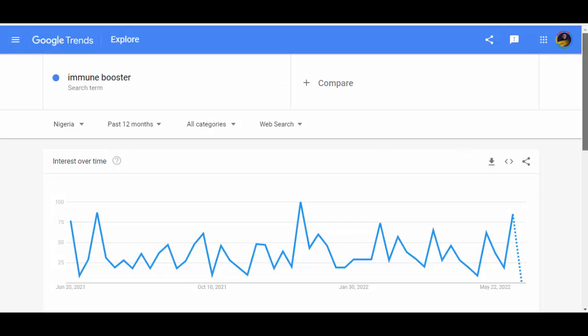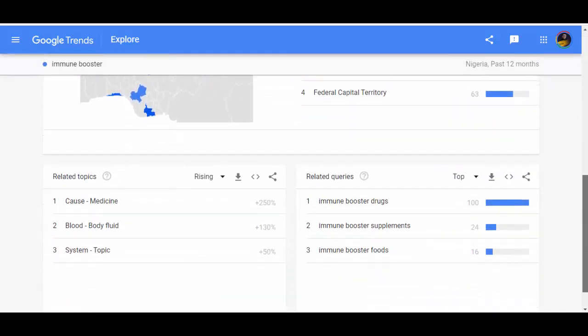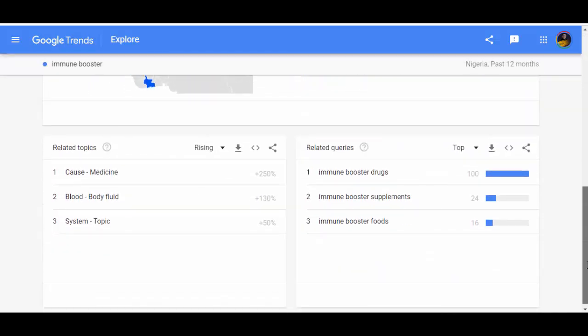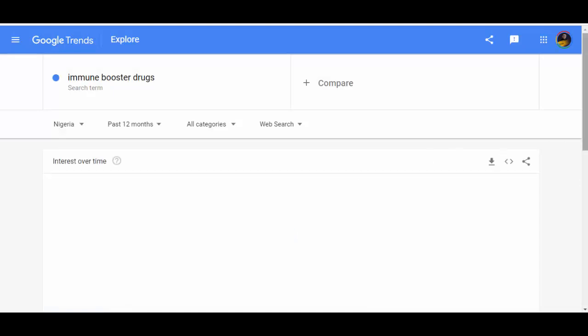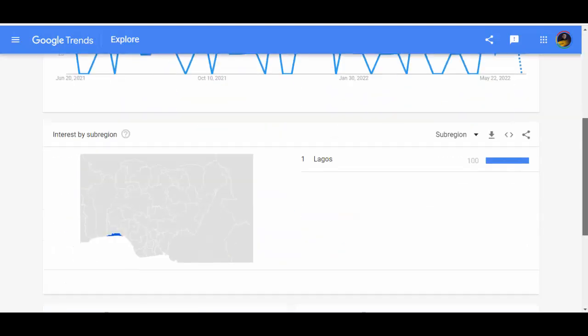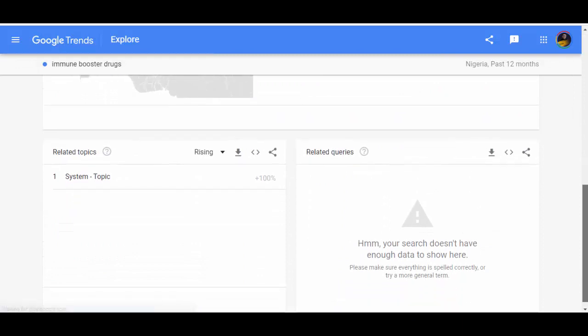These products really sold a whole lot during the COVID period, right? So you can see people searching for immune booster drugs, blood body fluid system, immune booster supplements, immune booster drugs, immune booster foods. So these are some things that people are obviously searching for here and there, right?